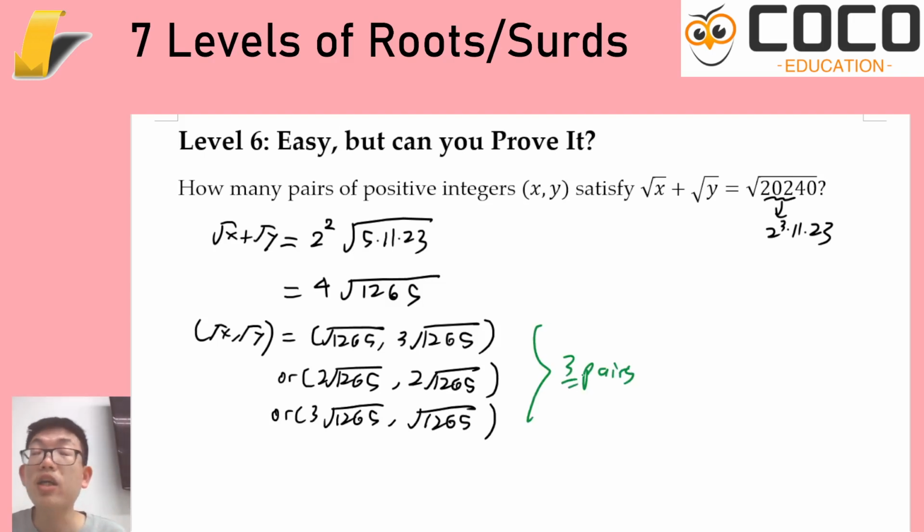Now, this is the correct answer. I am not lying to you unless I have multiplied something wrongly, but this should be the correct answer. It is not hard to see that all of these do give you valid x and y. The challenge is for you to figure out, how do we know there is nothing else?